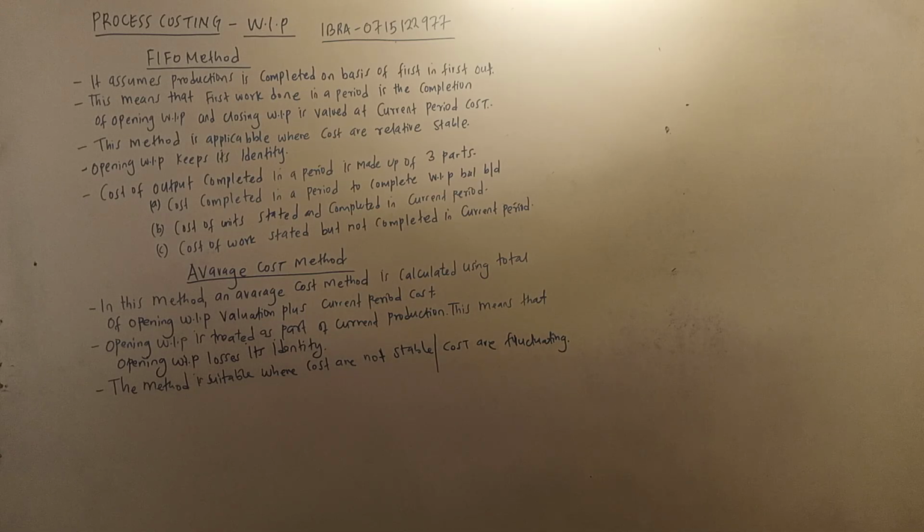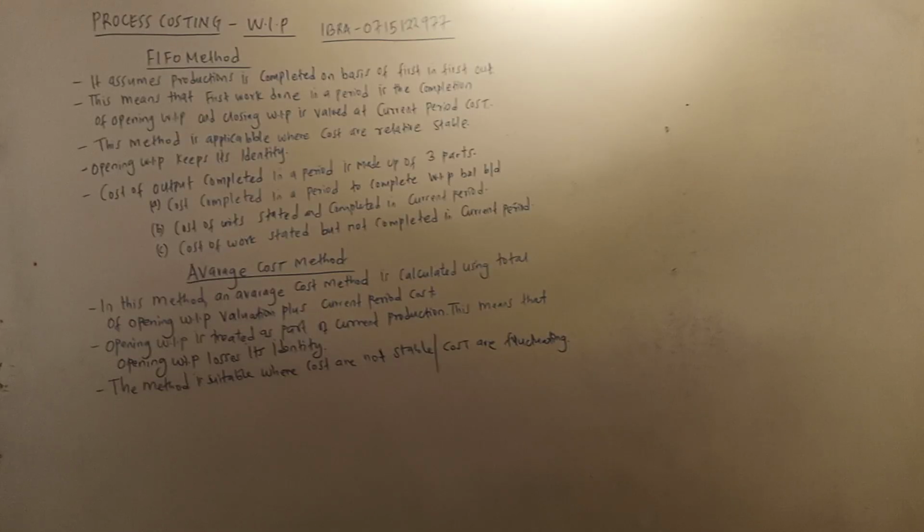So it assumes production is completed on the basis of first in, first out. This method is only applicable where costs are stable, and the opening work in progress will always keep its identity.